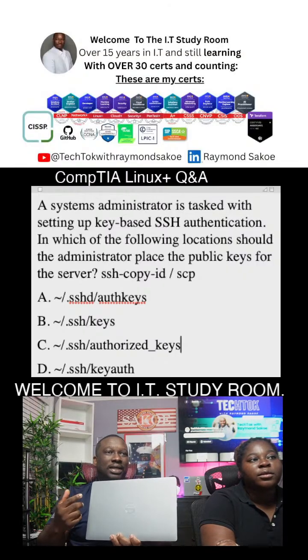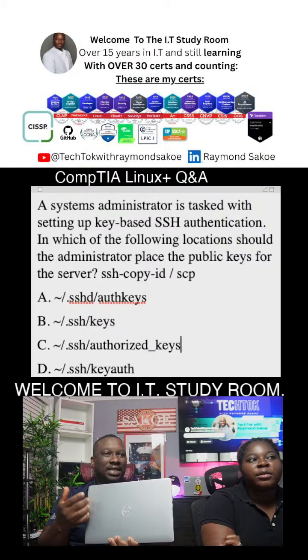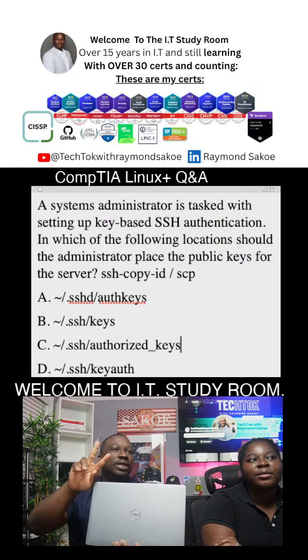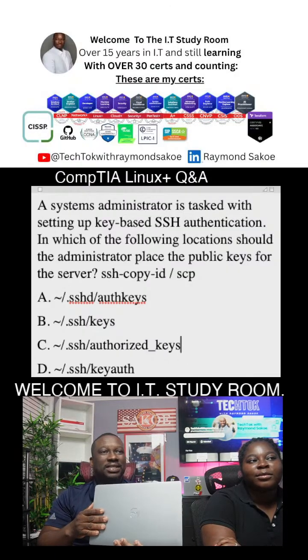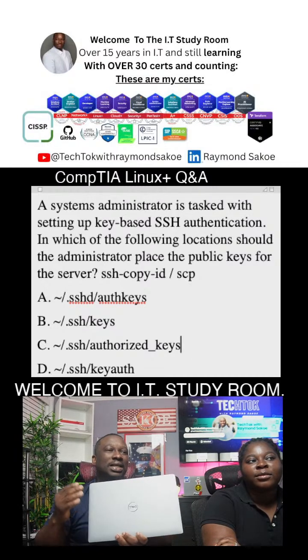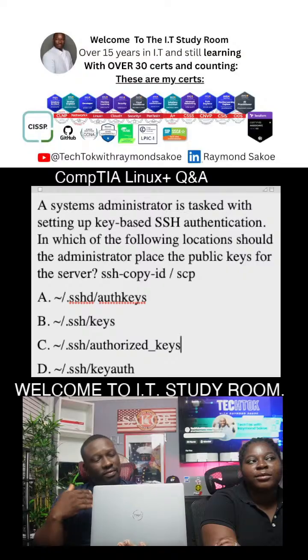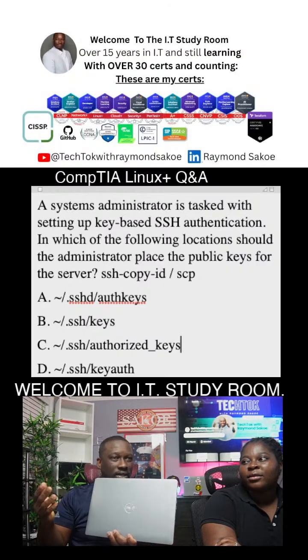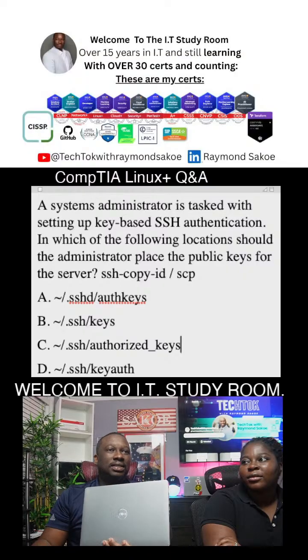So I can generate an SSH key, which is ssh-keygen, a command to run, and it's going to give you two keys, one private and one public. The private one you keep on your local machine. The public one, you have to find a way to send to the remote system you're trying to log into.